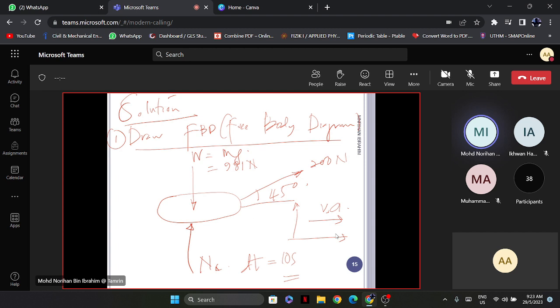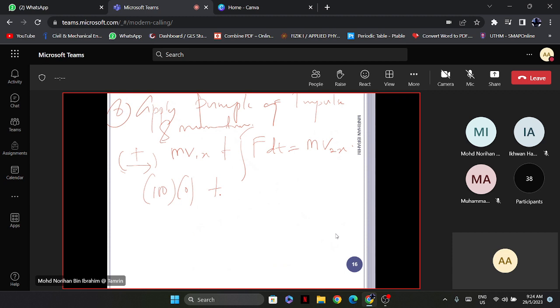So we have this 200 Newton to the rightward. Consider the component of force itself: 200 times cos 45 degrees.